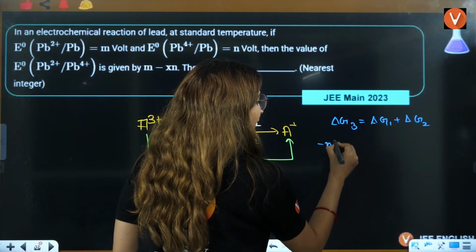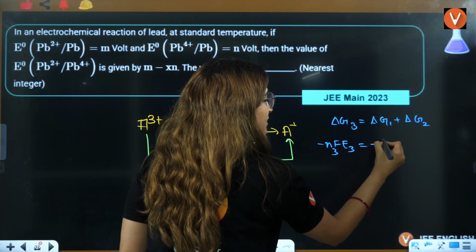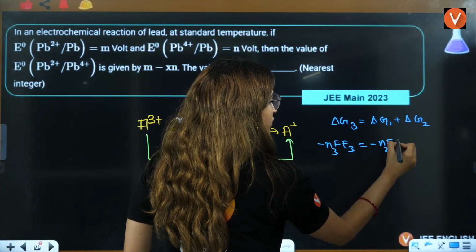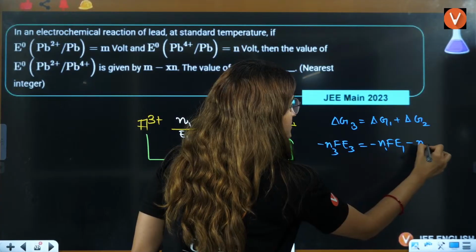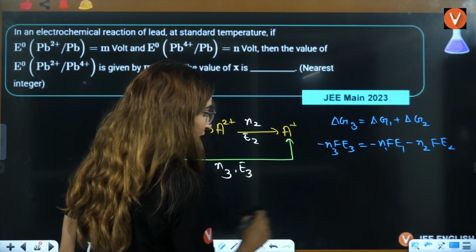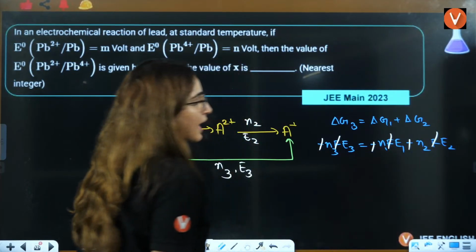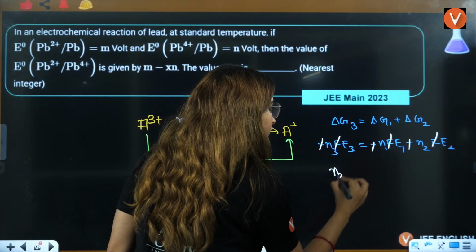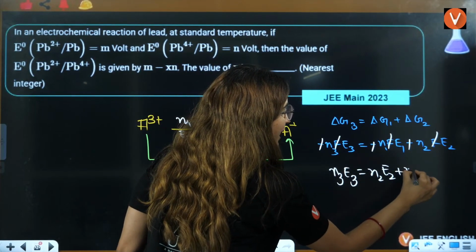This is minus NF E naught. This is minus N3 F E3, this is minus N1 F E1, this is minus N2 F E2. Now minus will cancel, right? And Faraday will cancel. So in the end you have N3 E3 equals N1 E1 plus N2 E2.